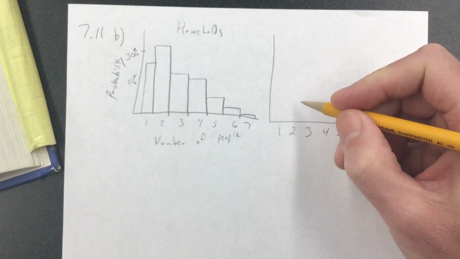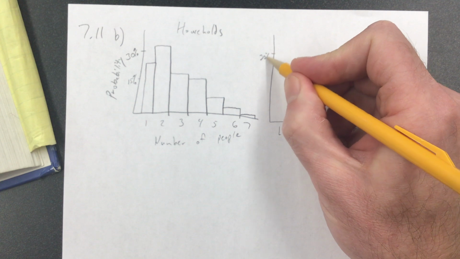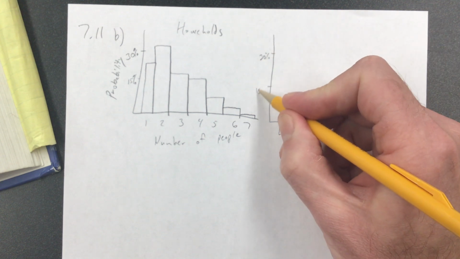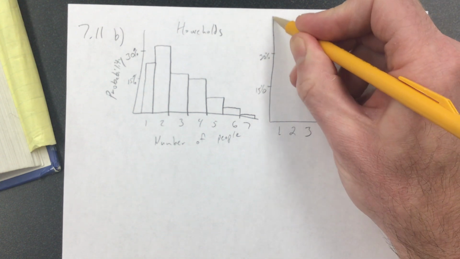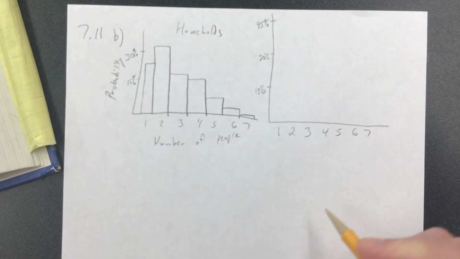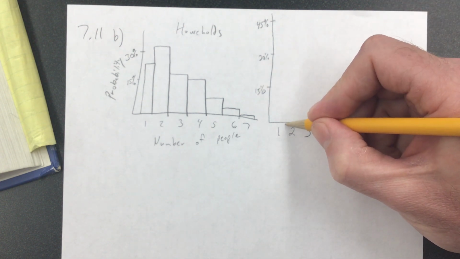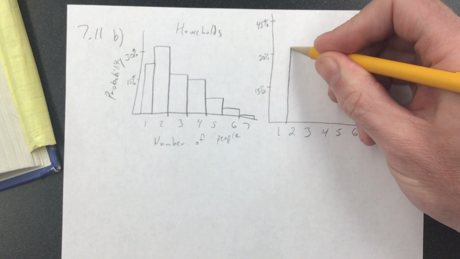So let's see, 30%. Okay, so on the family probability, you'll see that 42% of our families are just 2 people.